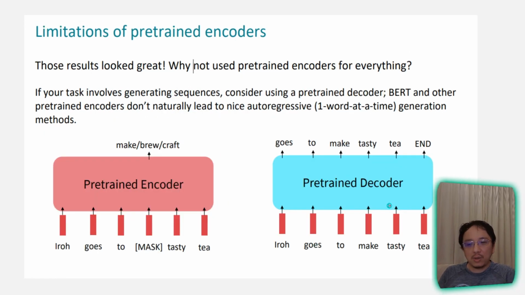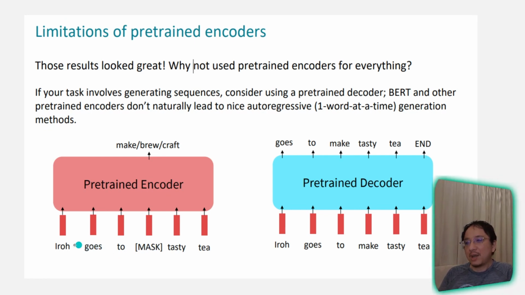However, since our course is about generative models, in the realm of generative tasks, the pre-trained encoder is not particularly suitable. It can still do generation. One way to do that is, maybe we can just give some initial words and mask the rest of them, and then ask the pre-trained encoder to predict the words.